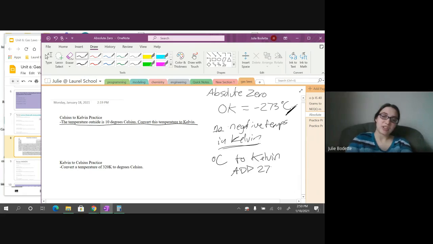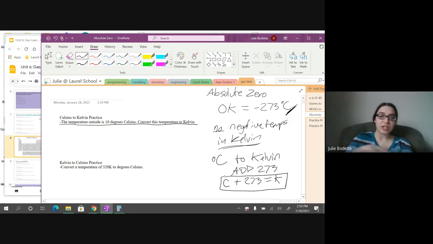So if I wanted to write that in a nice little formula, I could say you take the degrees Celsius, you add 273, and then you get your temperature in Kelvin. Right, so this is the equation that you guys probably have written down in your notes from earlier.